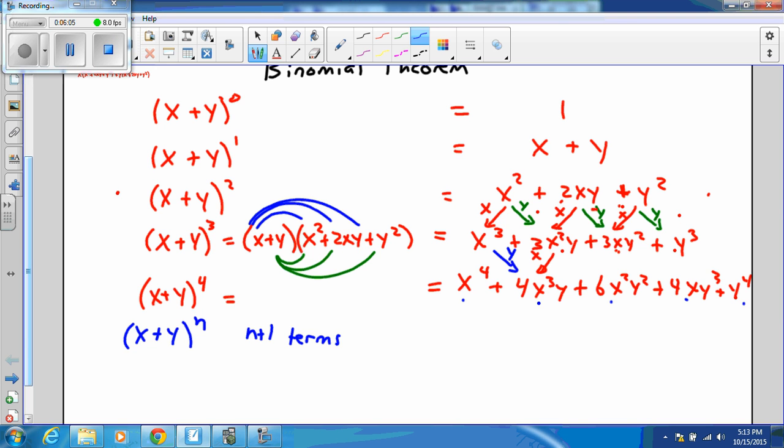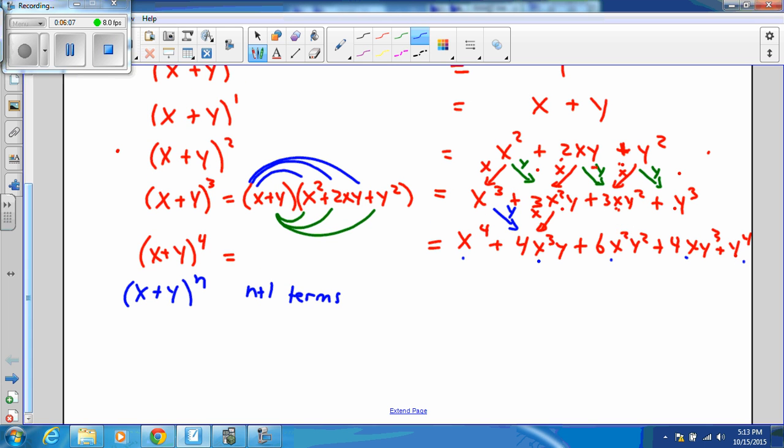terms. 5 total terms. And those terms are going to be in decreasing powers of x. My powers of x are going to decrease from 4 to 3 to 2 to 1 to 0. And in increasing powers of y, from 0 to 1 to 2 to 3 to 4.